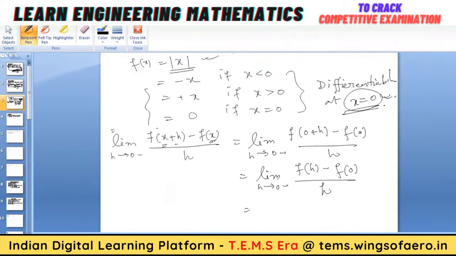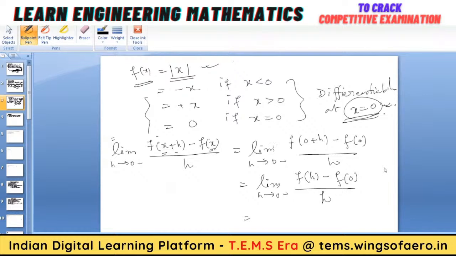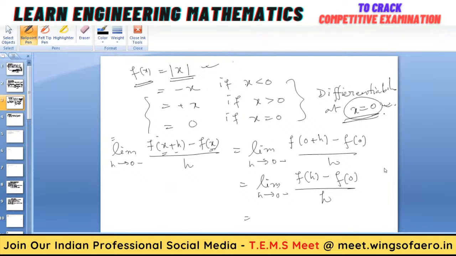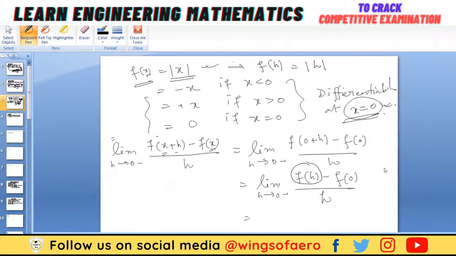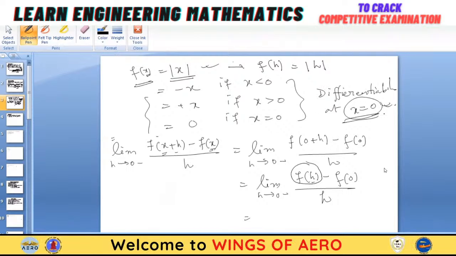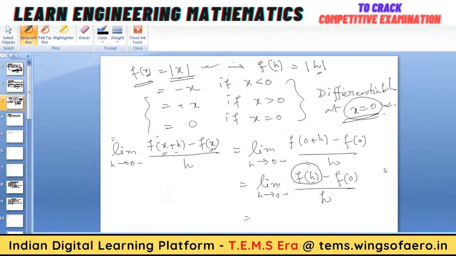Already I explained the function: f of x is equal to mod x. Now what is the value of f of h? Obviously it is mod of h. I am just replacing x with h, so it is mod h.